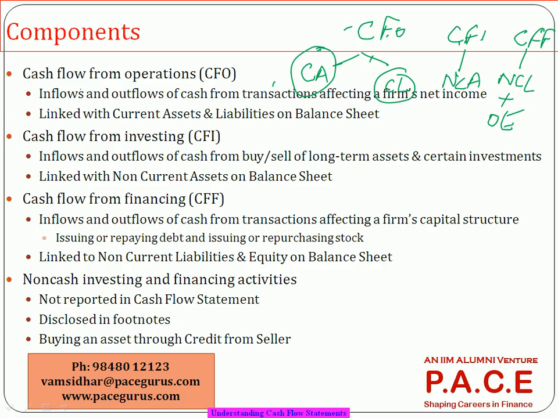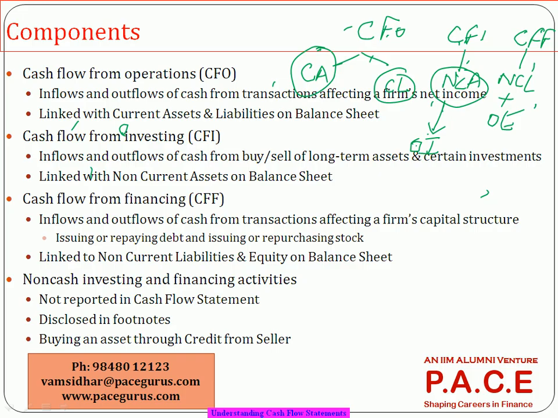And there are other items linked with all these things. Let's say we are talking about non-current assets, investments, or tangible assets. What are the corresponding elements for them in the P&L? Other income. It is like dividend income, because I have invested somewhere and they are giving me some income.